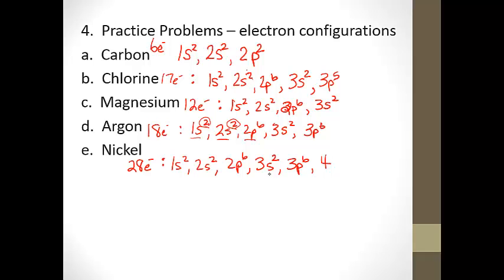Notice that the d orbital comes next in the row, but if we're following the diagonal rule, we're going to hit the 4s energy-wise first.